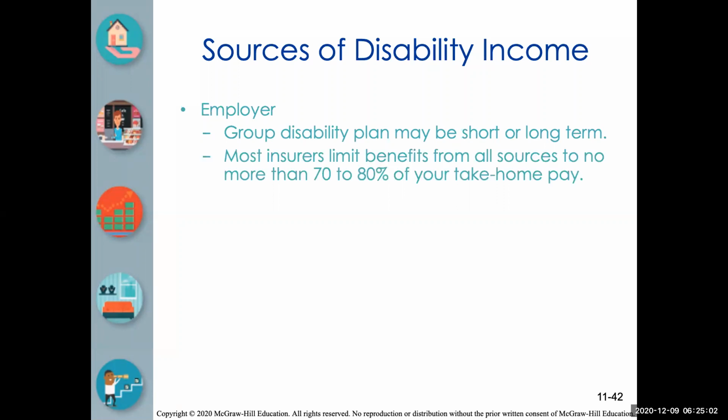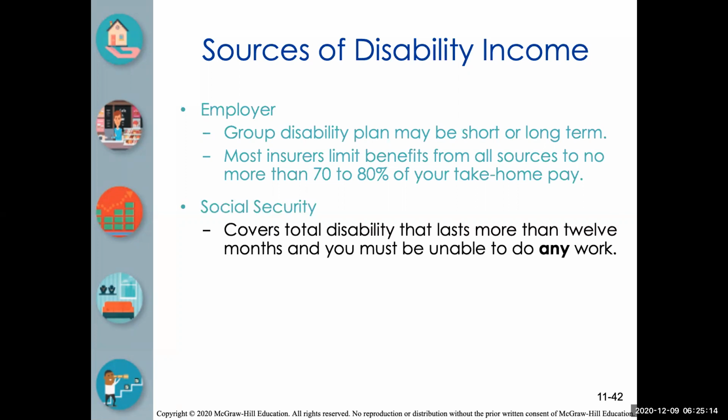Social Security has a disability component to it. With SSDI, Social Security Disability Insurance, it covers total disability that lasts more than 12 months. And again, words matter. You must be unable to do any work, period, any work.